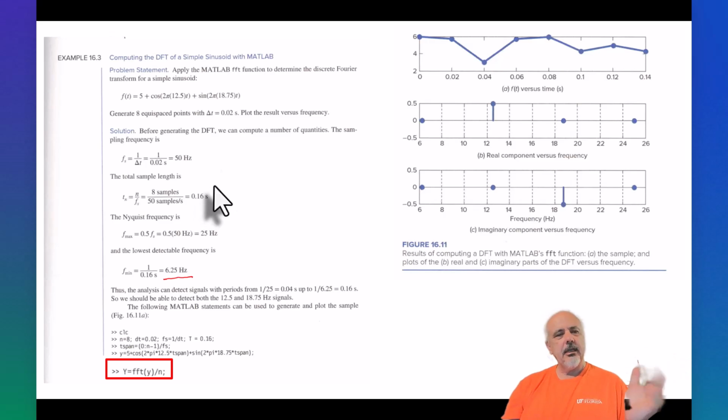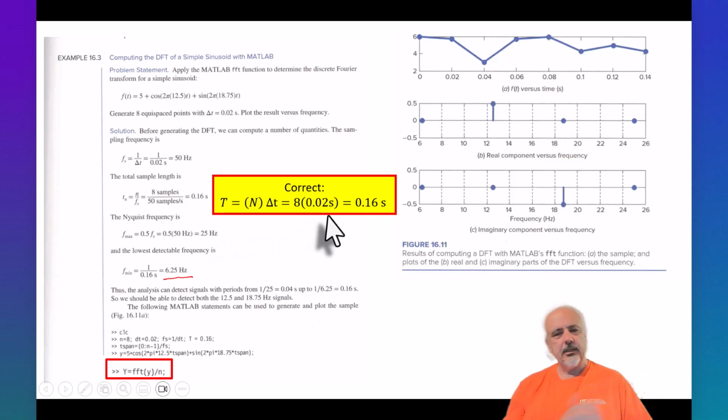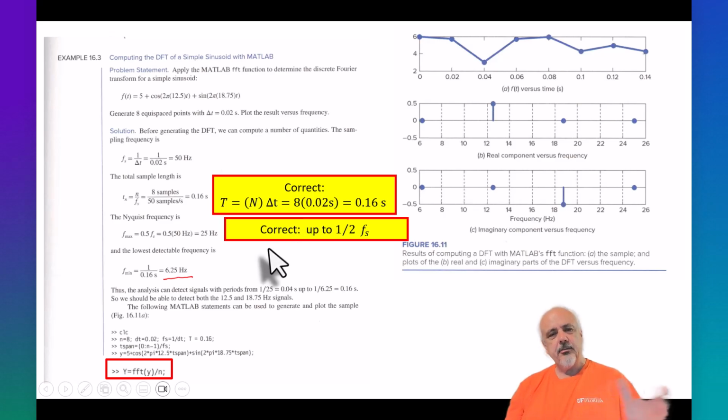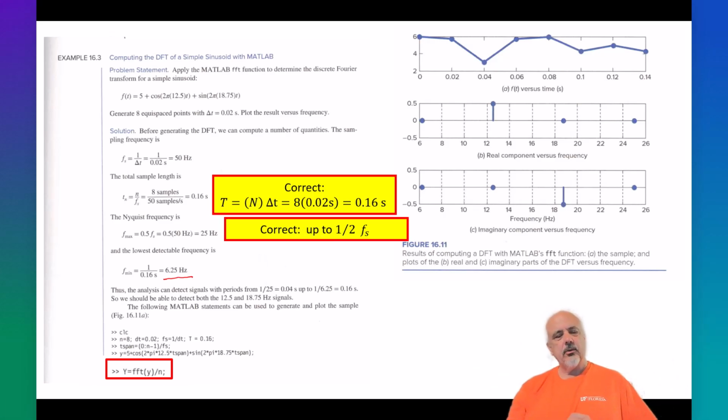It's got 8 samples over that sampling frequency, so the whole time is going to be 0.16 seconds. And yes, this is correct. I agree with this. The Nyquist is going to be half of the sampling frequency, so that's 25 hertz. So we can predict our FFT should be good up to 25 hertz.